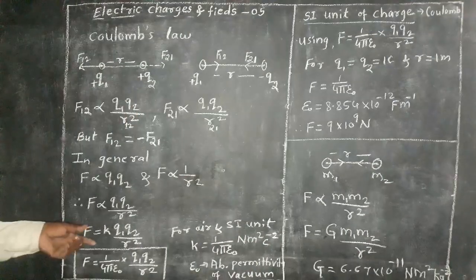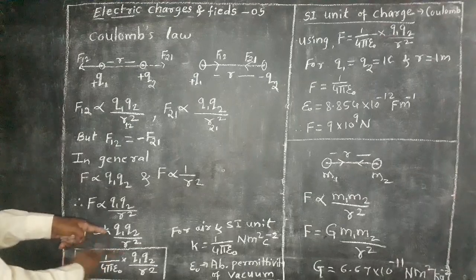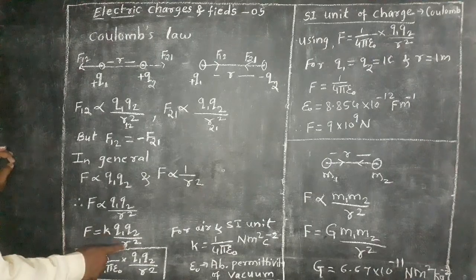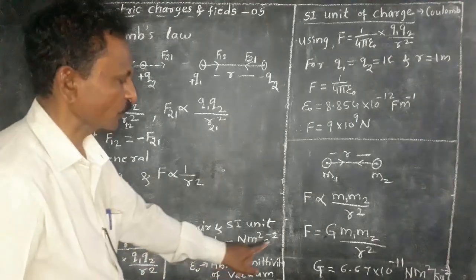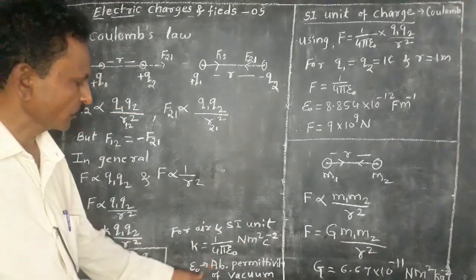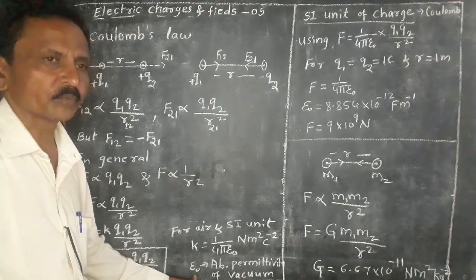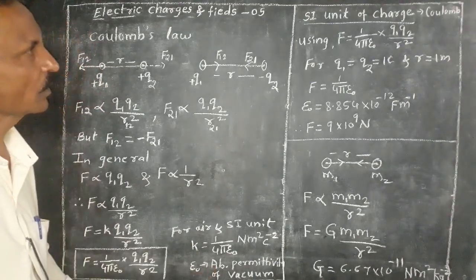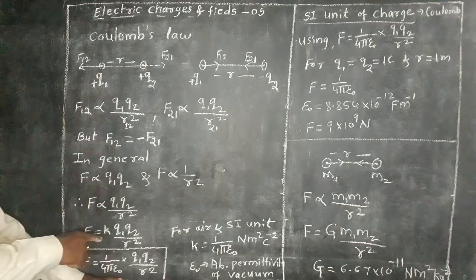Here we know that F equal to K into Q1 Q2 upon R square. Therefore, K equal to F r square divided by Q1 Q2, that is Newton meter square upon coulomb square. Hence, Newton meter square per coulomb square. Here, epsilon naught is called the absolute permittivity of free space or vacuum. This is Coulomb's law.